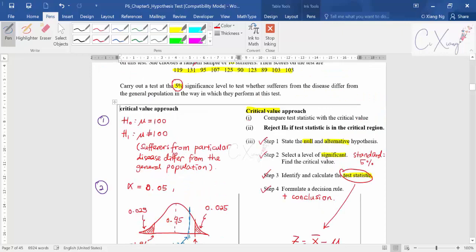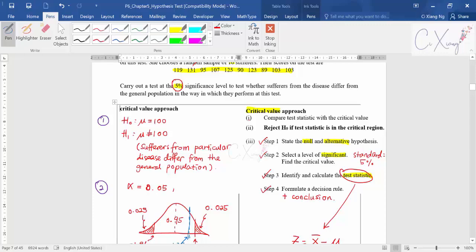That means this statement is not accepted, so you need to write a sentence that is opposite to this sentence. Is there any difference or not? You can write a conclusion here.